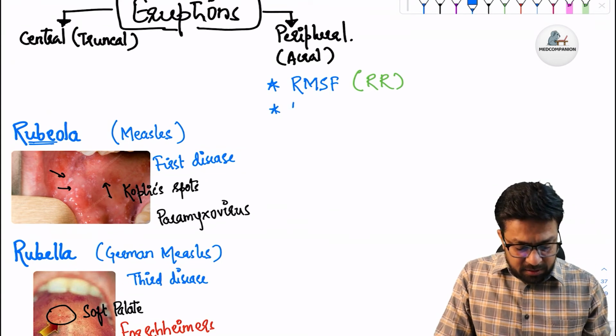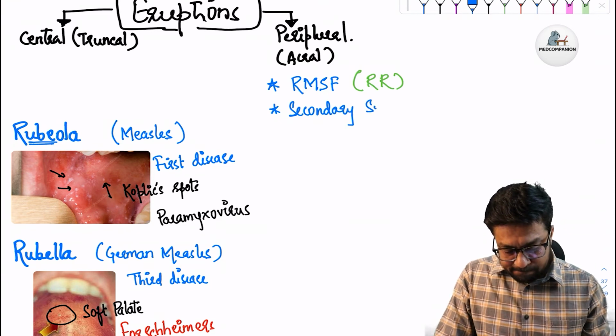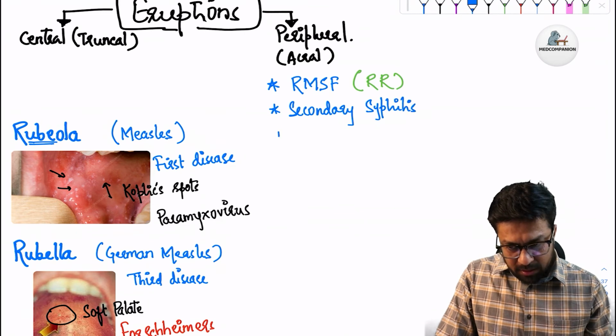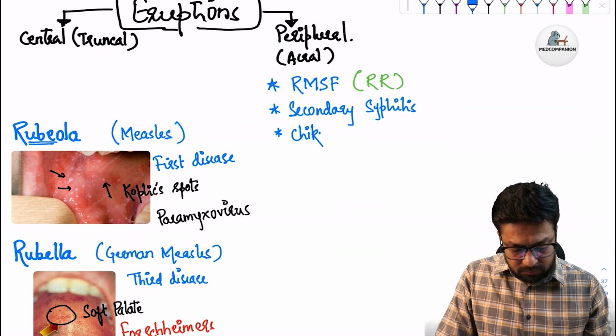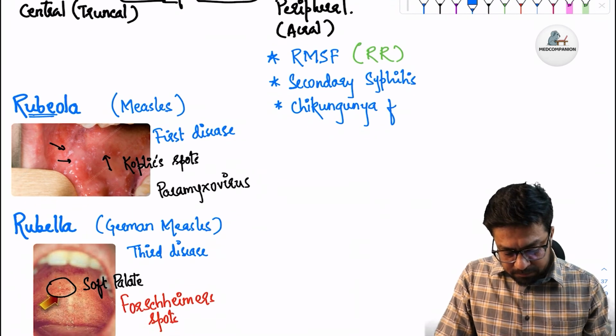Second one is secondary syphilis. Then you have chikungunya fever.